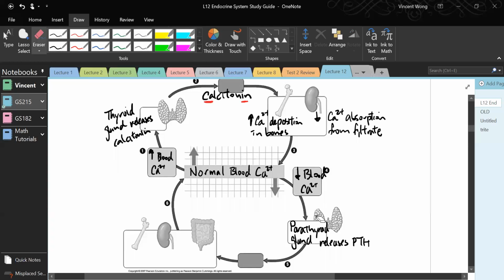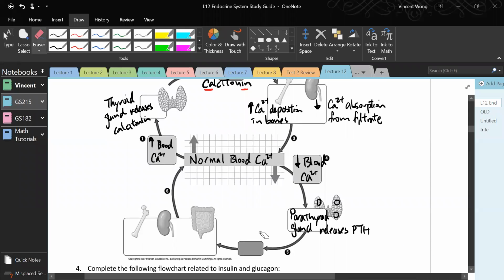Now, the thyroid, it's not really showing it here, but the parathyroid gland is on the back of the thyroid gland. If this is the back of the thyroid gland, you would have 4 little knobs on it, and the other one is behind the box, I suppose. Those are your parathyroid glands, on the posterior side of the thyroid gland.